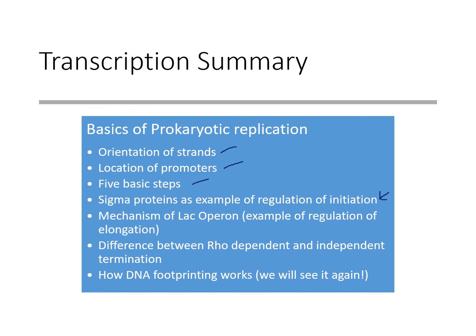We revisited the mechanism of the lac operon. We also looked at termination in the context of this rho-dependent or protein-dependent mechanism and a protein-independent mechanism of termination. And we also looked at DNA footprinting, and I believe we'll be coming back to that in the context of some eukaryotes and some experiments that we're going to look at by the end of next week.